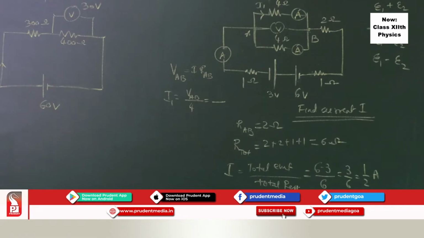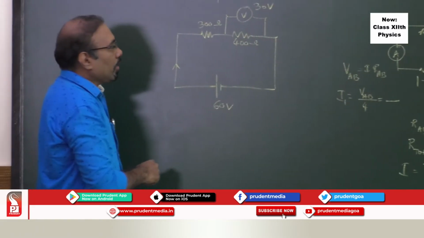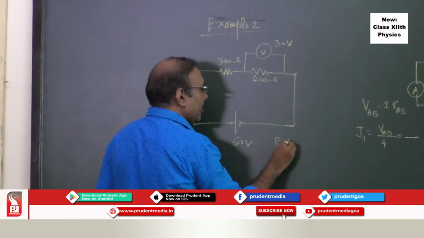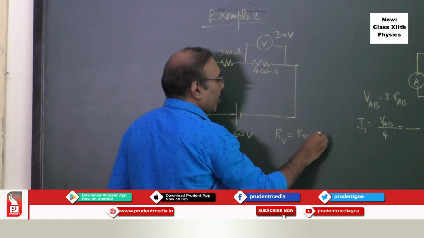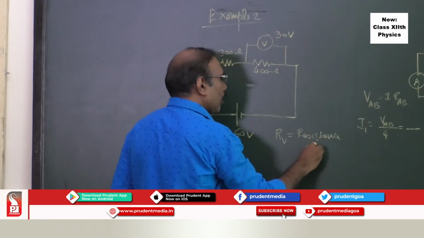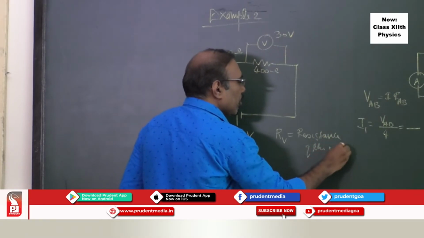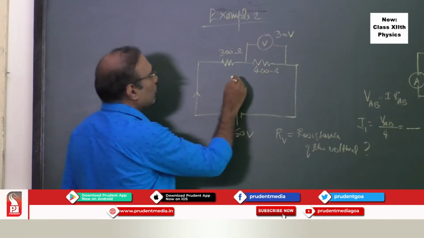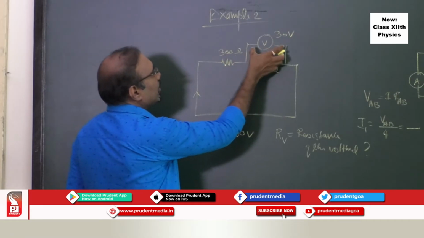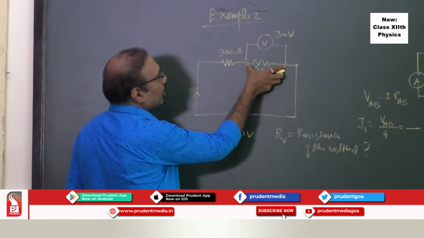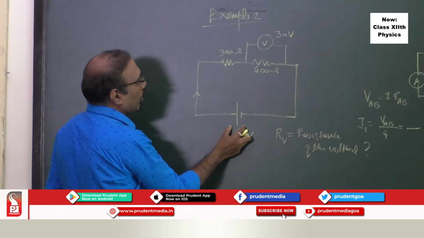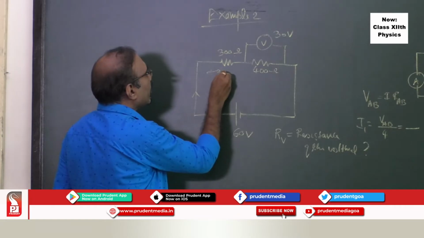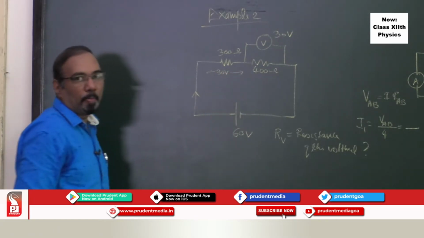Now, other situations. Suppose in this situation a voltmeter is connected and you are asked to find out the resistance of the voltmeter. In that case, what you can do is, you first find out, in this case, this is 30 volt, the potential drop is given as 30 volt, total is 60 volt, internal resistance of the cell is not mentioned, so the remaining 30 volt will be across this resistor.